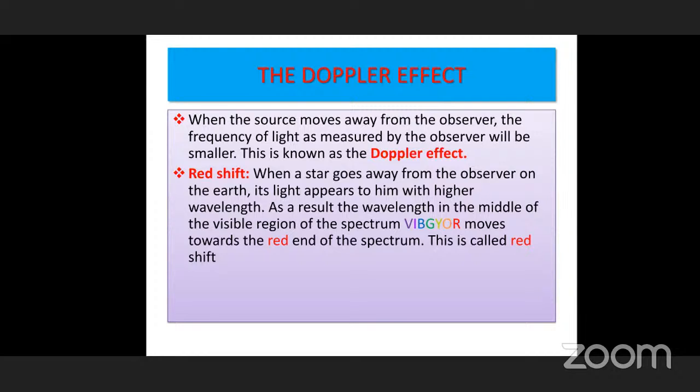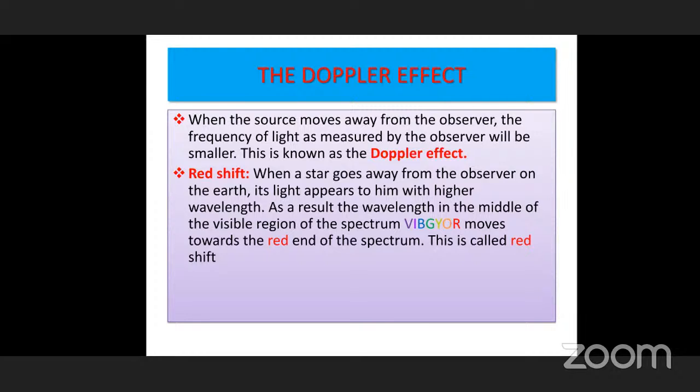As a result, the wavelength in the middle of the visible region of the spectrum moves. What is the higher wavelength in VIBGYOR? Red. Therefore, the spectrum moves towards the red end of the spectrum. It seems to be red.